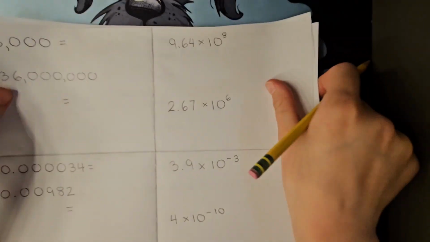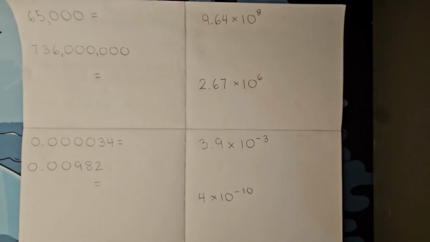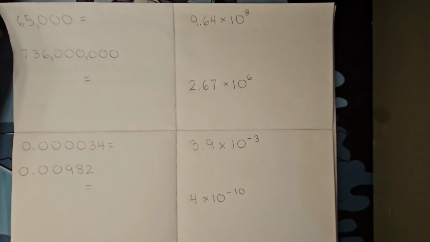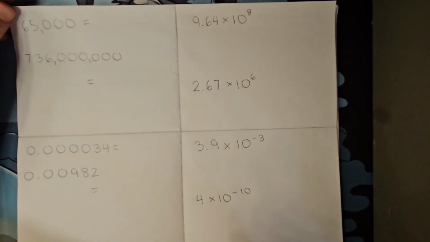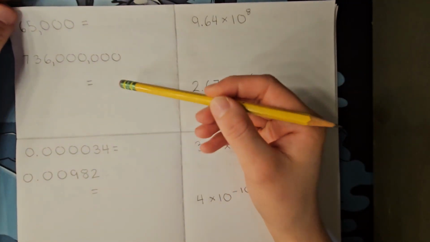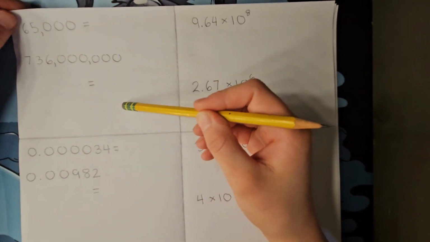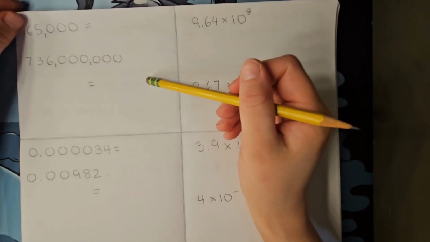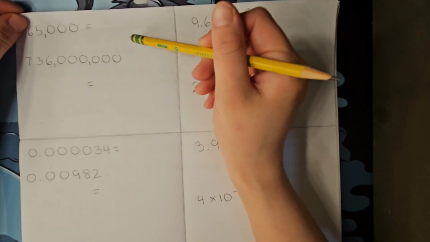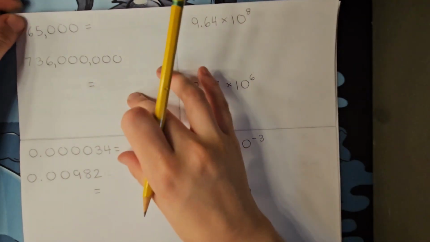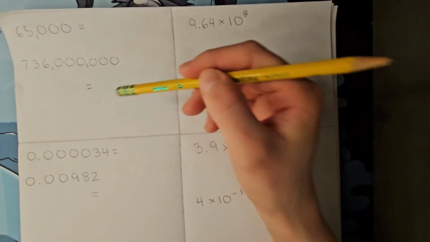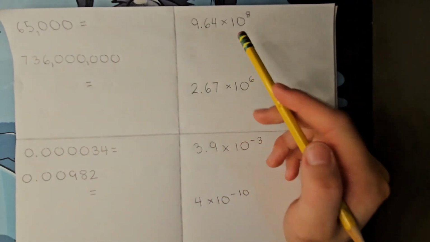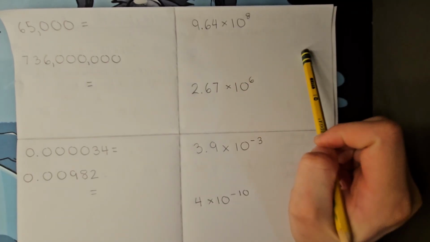Let me just fix that here. Okay, so here I have 4 squares, and I'm going to zoom in in a moment. On this side I'm going to be converting from standard form to scientific notation, and on this side I'm going to show you how to convert scientific notation back to standard form.